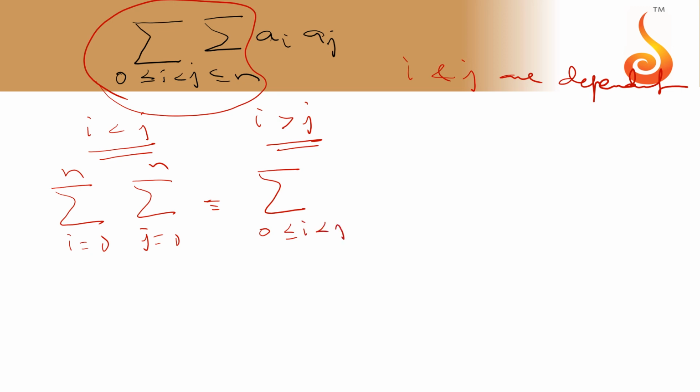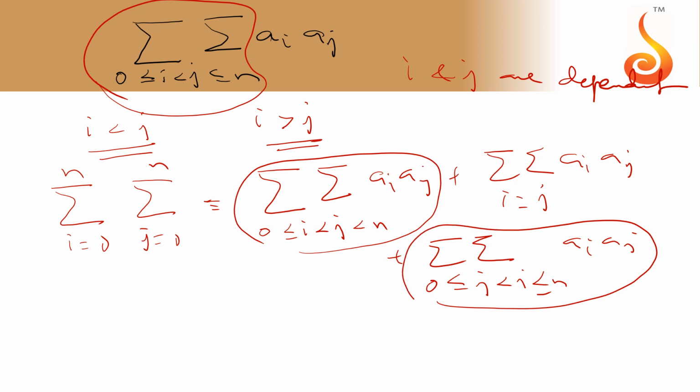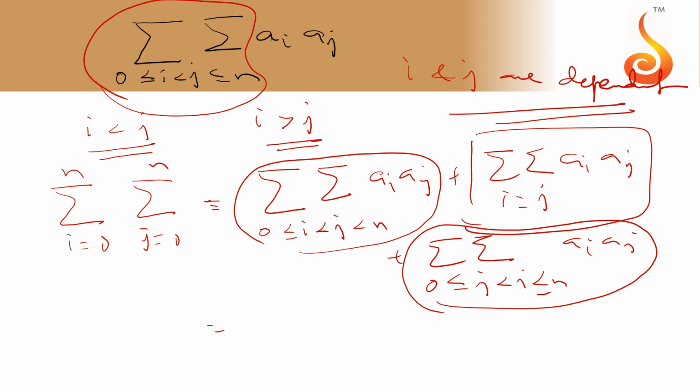Double sigma 0 less than or equal to i less than j less than or equal to n ai aj, plus double sigma i equal to j ai aj, plus double sigma 0 less than or equal to j less than i less than or equal to n ai aj. I told this and this will be equal when i and j are dependent. So I can say this is how much? i equal to j ai aj means ai square like that.